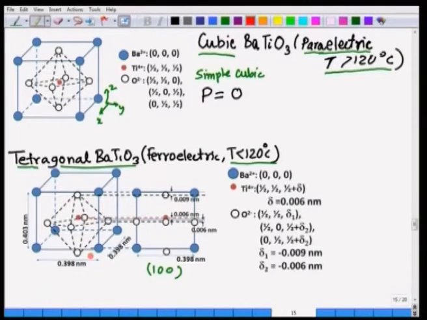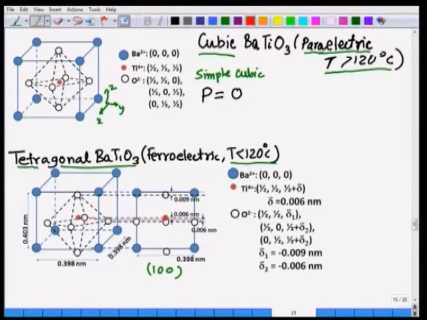Now you can think like this: the center of positive charge due to the barium atoms will of course be right in the center where the blue line is, and the positive charge due to titanium is where the titanium atom is.